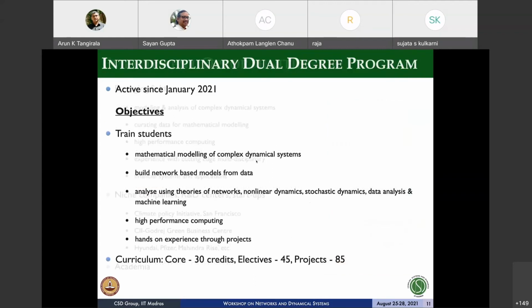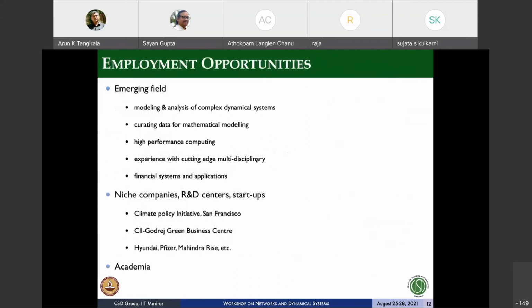And let me move on very quickly and close the presentation with a quick talk about what the employment opportunities are. Of course, this is an emerging field. There are industries that will find a researcher from this group employable, and we've just listed a few.